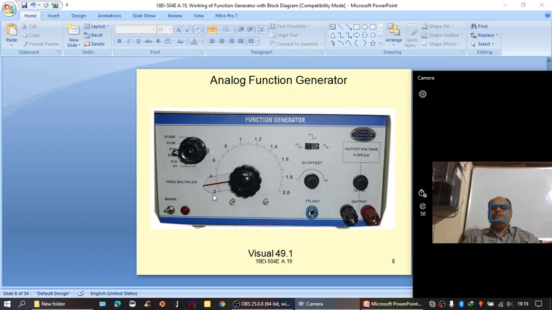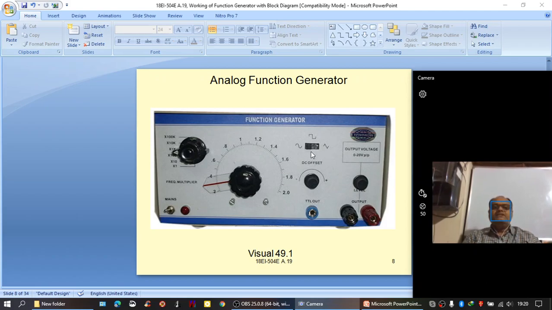Next stage, 20 Hz to 200 Hz. Next, 200 Hz to 2 kilohertz, 2 kilohertz to 20 kilohertz, 20 kilohertz to 200 kilohertz. It goes on like that.